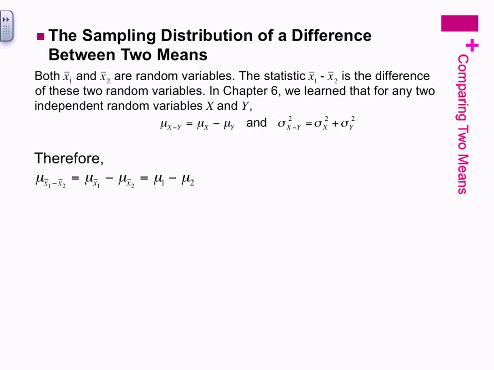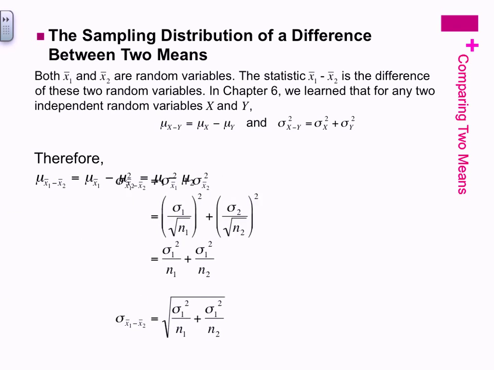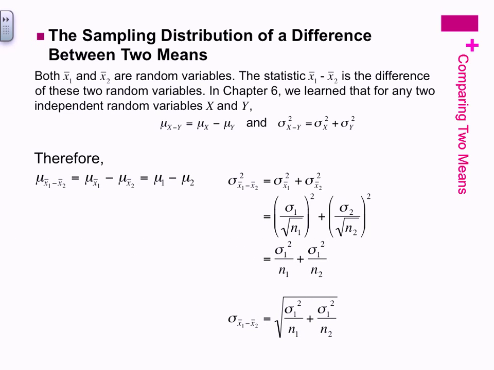The mean or center of the difference between two sample means will just be the difference between them. But because we have to add variances to find the standard deviation, it's never actually subtraction.